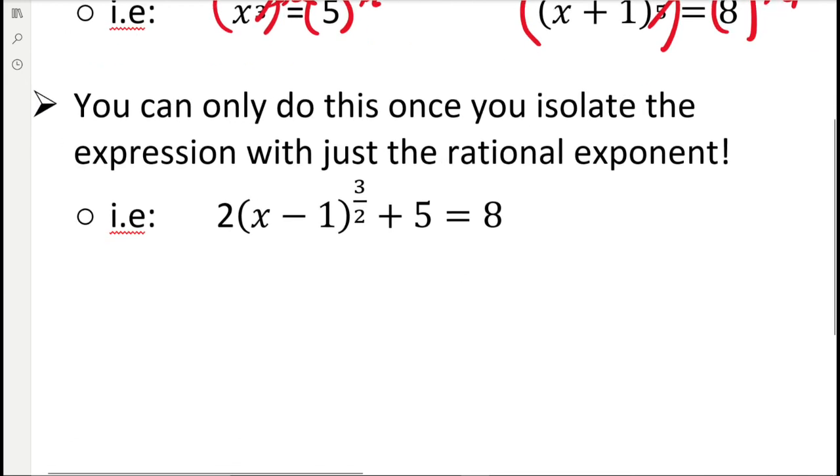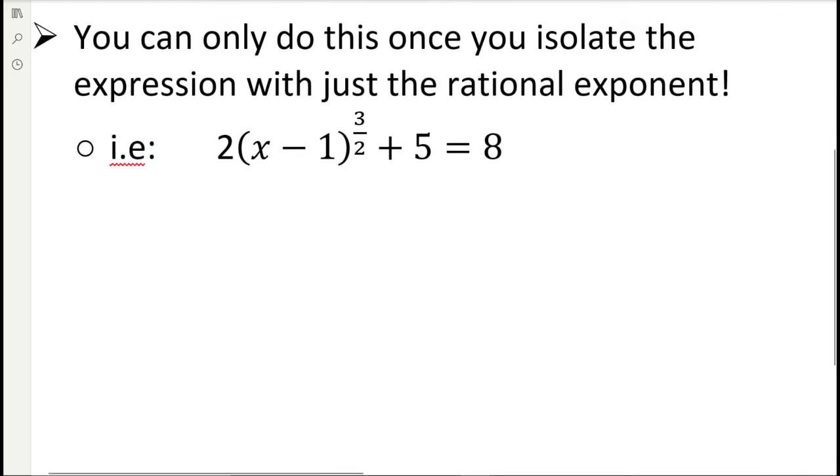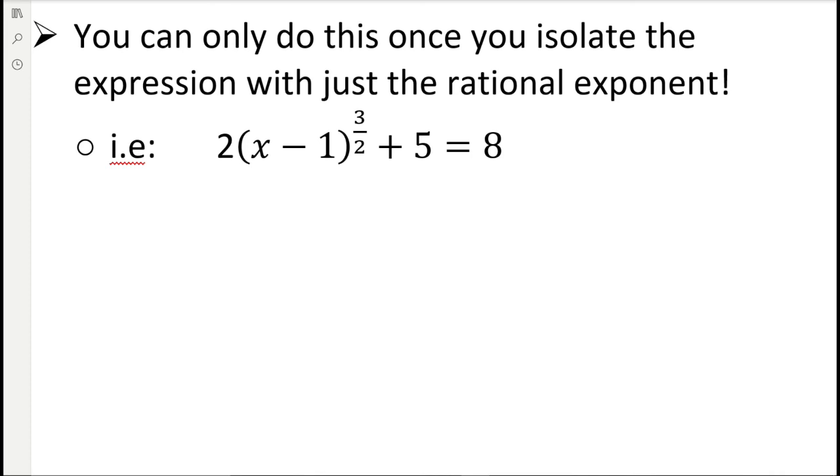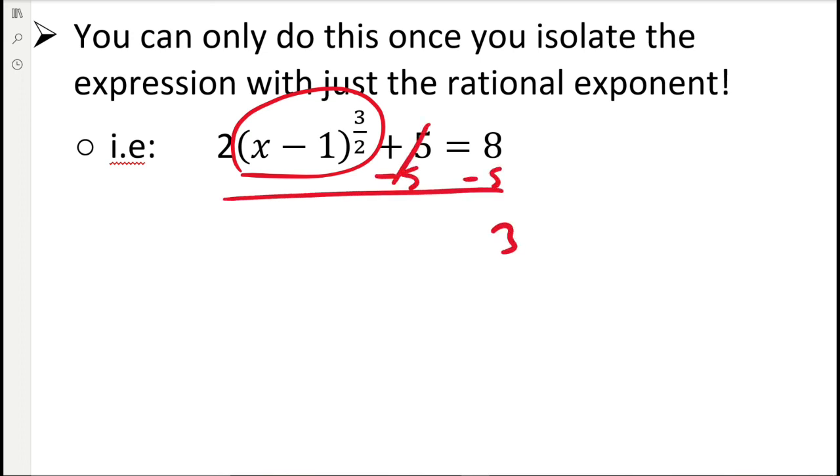You can only do this once you isolate the expression with just a rational exponent. So for example, if I have something like this, I need to get this all by itself. In order to do that, I need to subtract the 5. Then I get 2 times all of this.